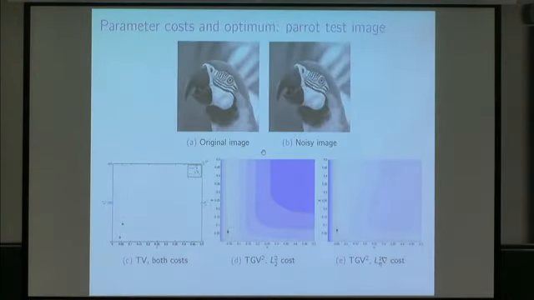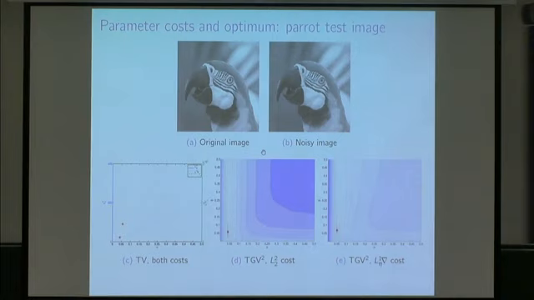Here we again see the results: the original image, the noisy image. We have computed the TV solution for all alpha in some range, and we can see here that near 0 the cost starts increasing quite quickly. So the optimal solution really doesn't go to 0, which is indicated by these dots.